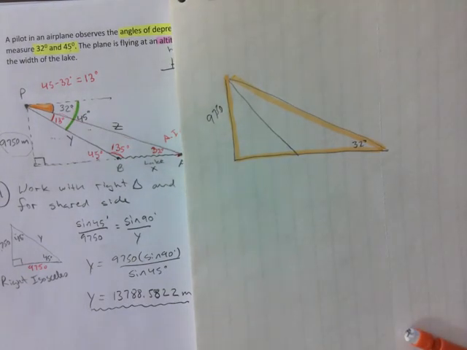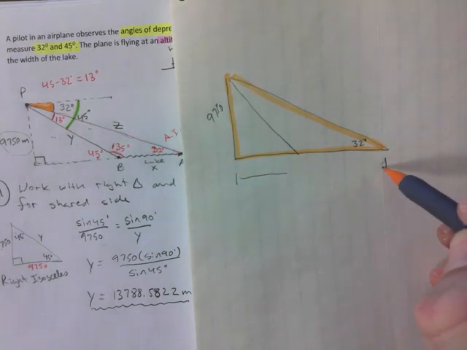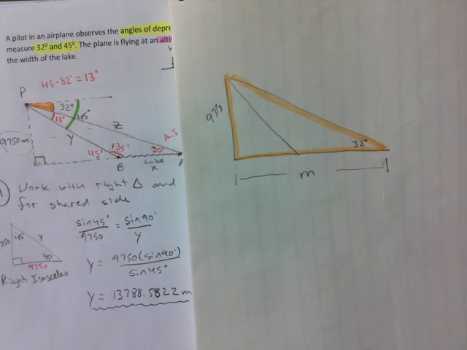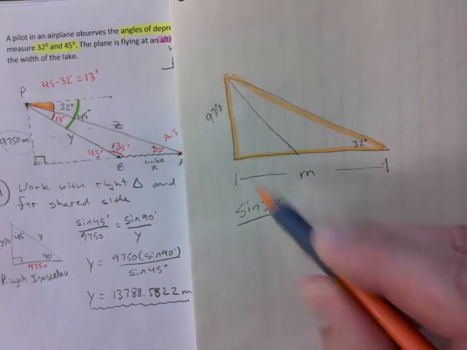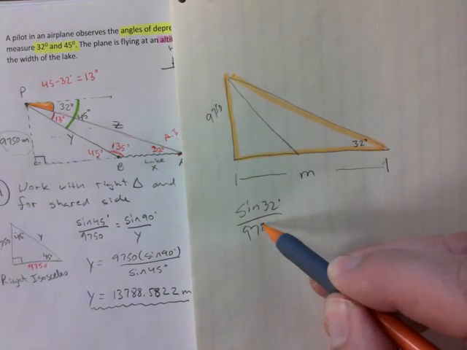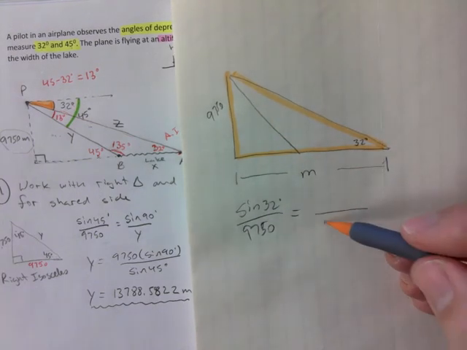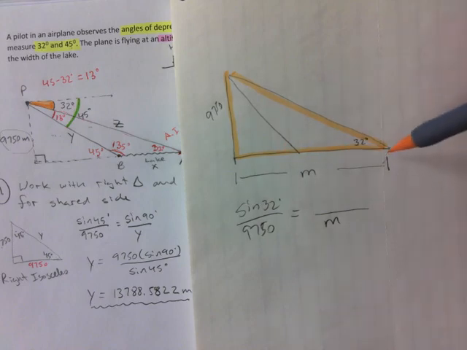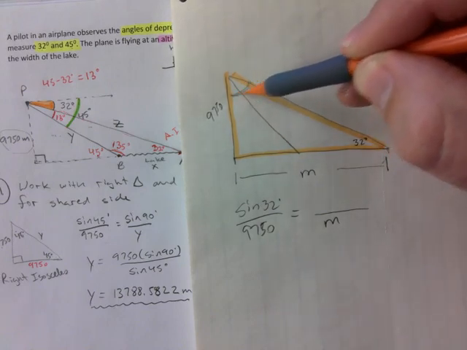You would call this whole thing, I don't know, M, let's say. You just have to be careful. If you use sine of 32, 9750 is equal to, what would be your pair? Because you want to know M. M goes from here to here, so you need to have this entire angle here.